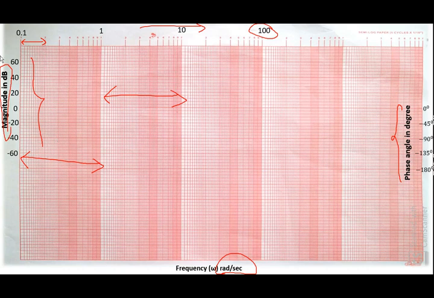So it is better to mark all the magnitude values on the left-hand side of the semi-log sheet, and all the phase angles on the right-hand side of the graph sheet. It will be better.